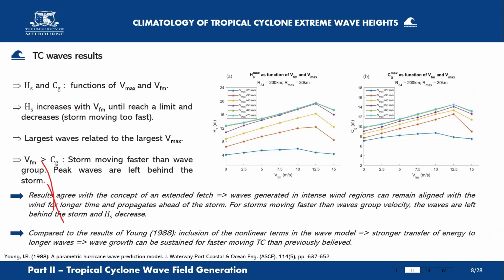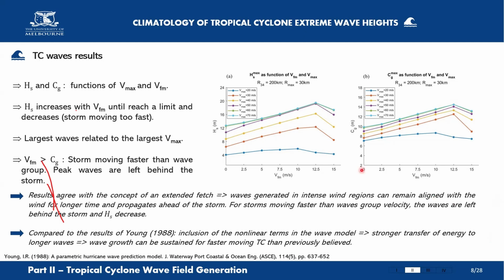Compared to the results of Young, 88, who did a similar study using a second generation wave model, the inclusion of the nonlinear terms in the wave model that we use now, a third generation wave model, means a stronger transfer of energy to longer waves. Wave growth can be sustained for faster moving tropical cyclones than previously believed.